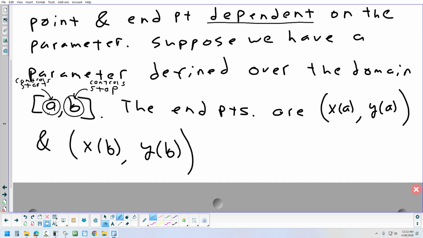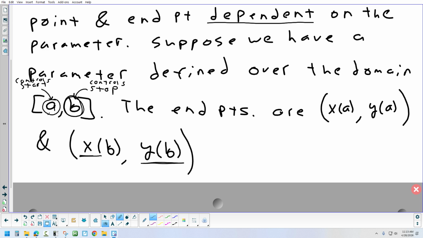You plug that into the formula for x, which will be given to you, and then plug that into the formula for y. So there's 4 calculations you need to do. Plug A into 2 formulas, you plug B into the same 2 formulas. And that'll tell you where you're starting and stopping.